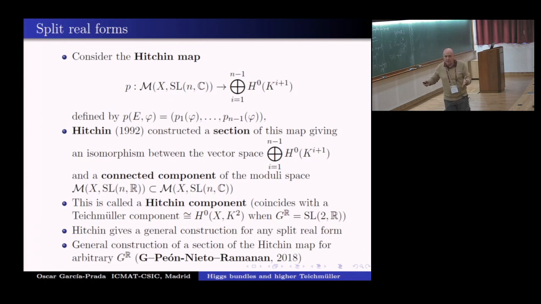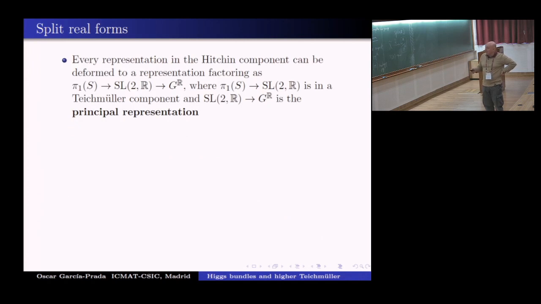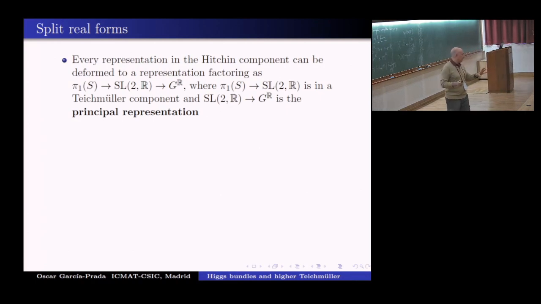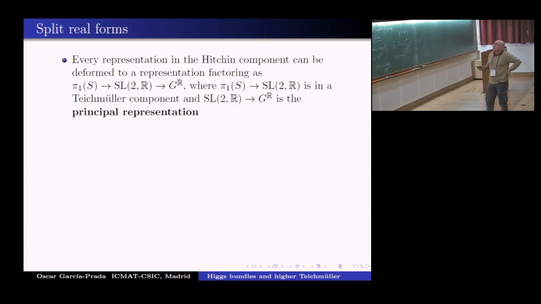So they are topologically trivial. They are vector spaces, right? And they are smooth in particular. So already from Hitchin's construction, you can see the following: that every representation in the Hitchin component, I say the Hitchin component because if you assume that the group is adjoint, like PSL(n,R), there is just one component. Otherwise, there are maybe several components, okay? But for any of those, every representation can be deformed to a representation that factors in this way.